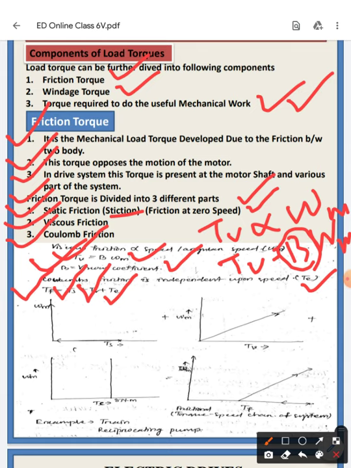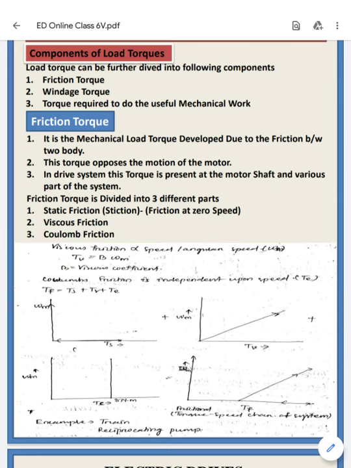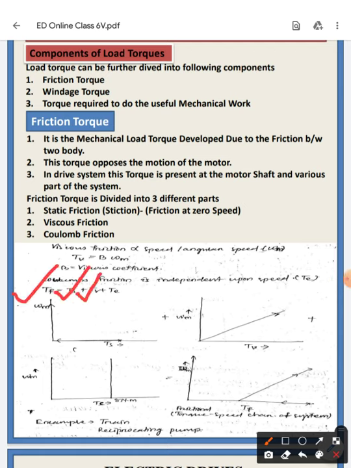So the total frictional force is the sum of static friction plus viscous friction plus Coulomb friction. Coulomb friction you can write as Tc.